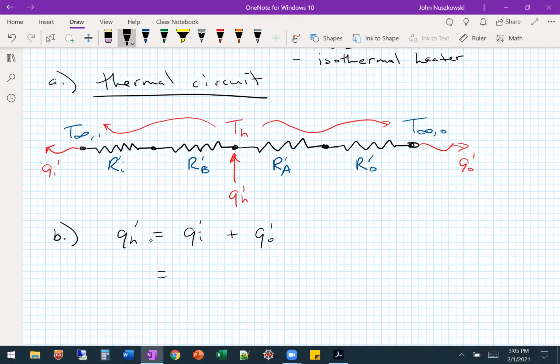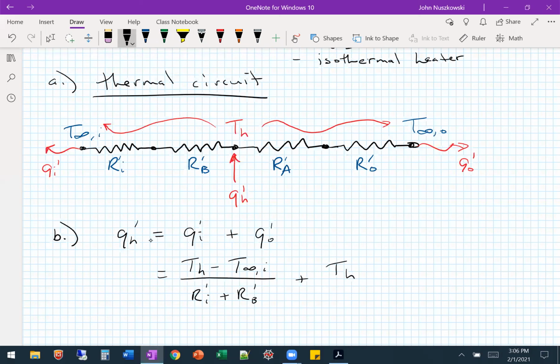Now we have TH minus T infinity inner over R inner plus R B inner.